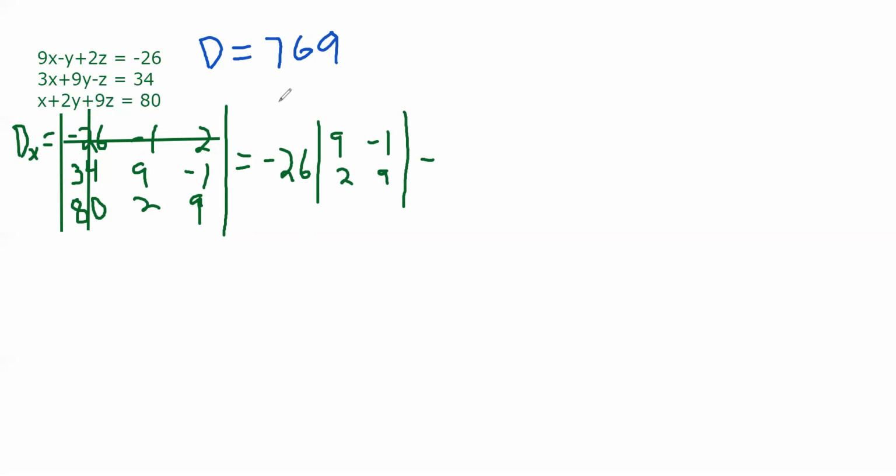And then it's minus 34 times the determinant of the leftover 2 by 2 matrix whenever we cross out the row and column that 34 is in. So it's going to be the 2 by 2 determinant -1, 2, 2, 9.